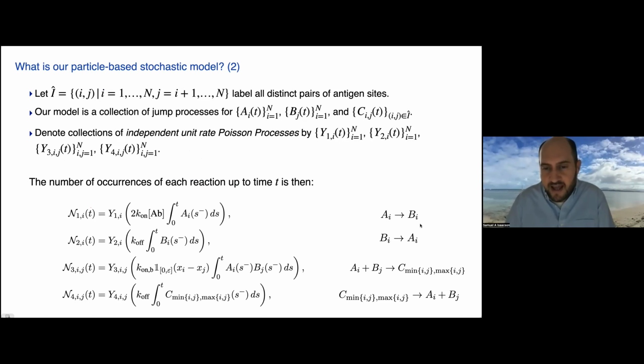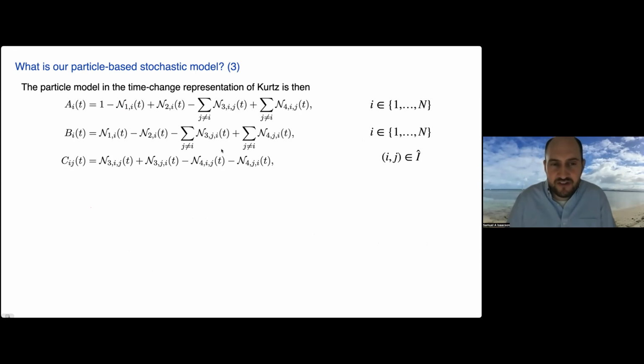For example, for A_i goes to B_i, it's this particular unit rate Poisson process evaluated on the integrated intensity of the process, which gives us the total number of occurrences of the reaction up to time t. This is the total number of occurrences of B_i goes to A_i, and so on and so forth. Having defined these, we can write out how the processes evolve in time.